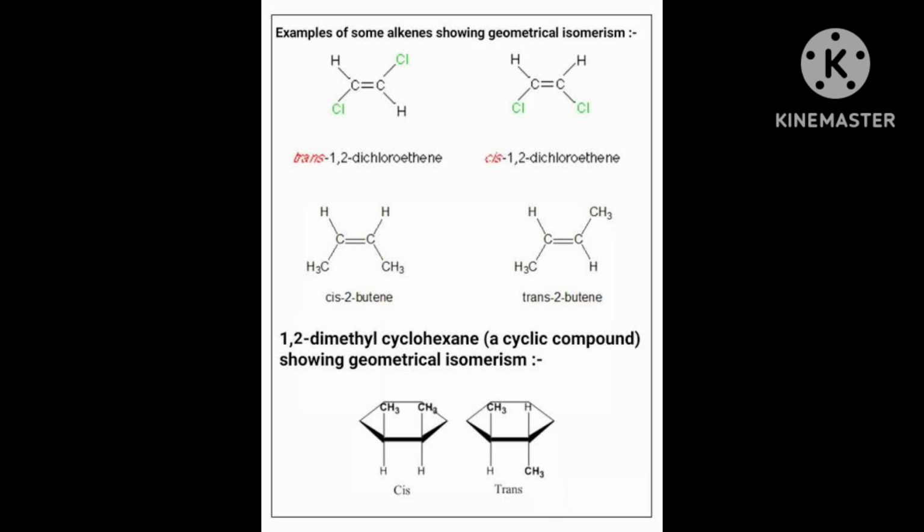Here, simply, compounds that have the same constitution and sequence of covalent bonds but differ in the relative position of their atoms or groups in space are called stereoisomers. Again, listen: the molecular formula will be the same, that is common in all isomers. The compounds have the same constitution and sequence of covalent bonds, all similarities are there.